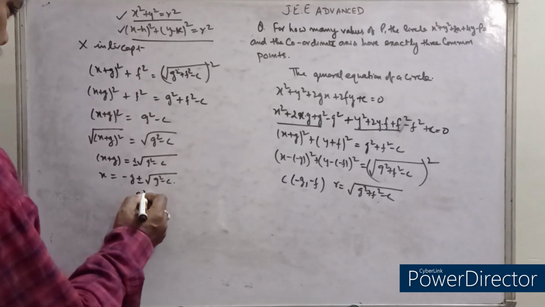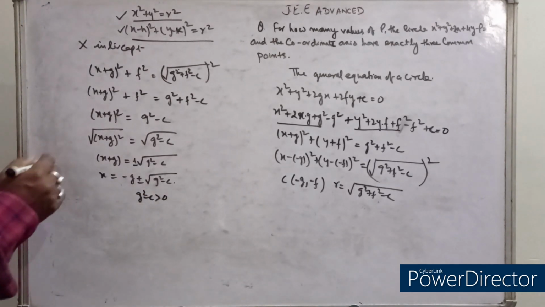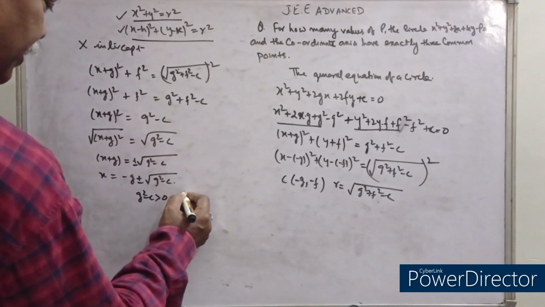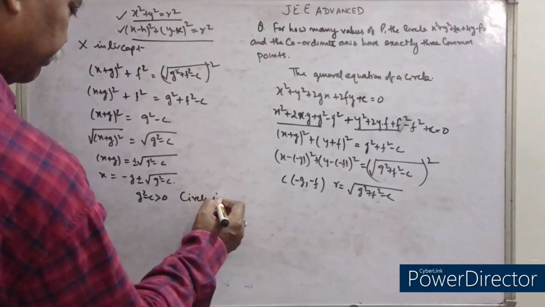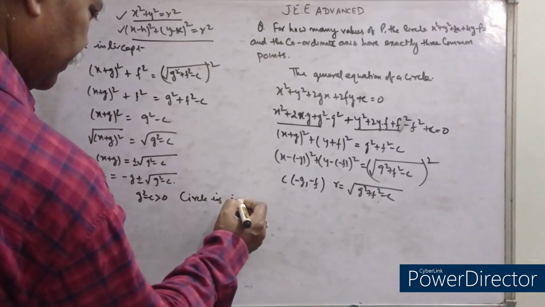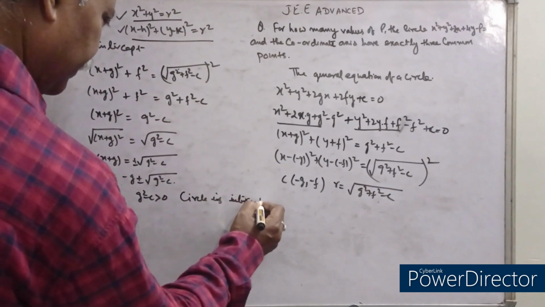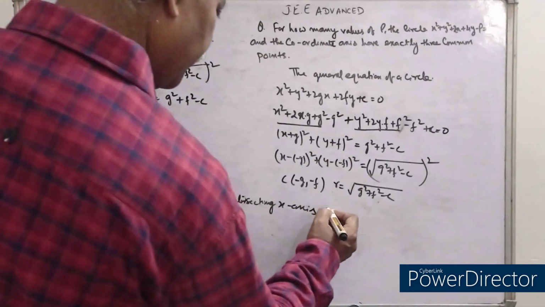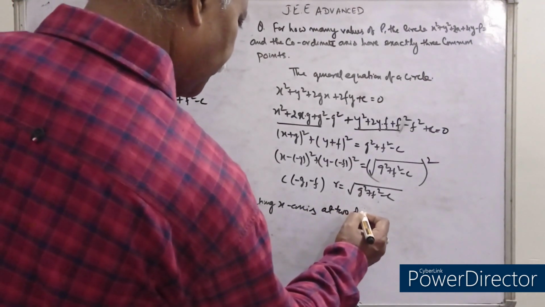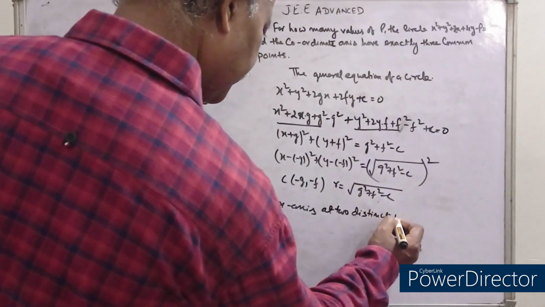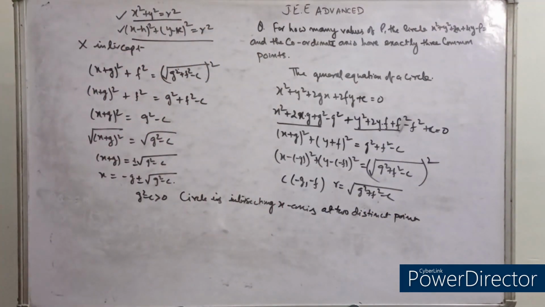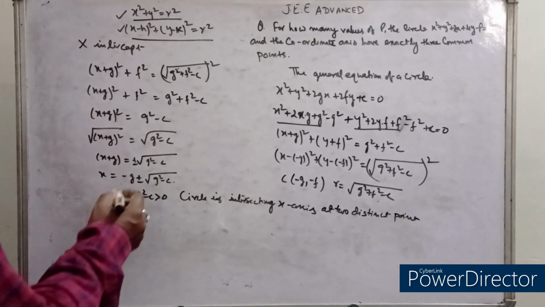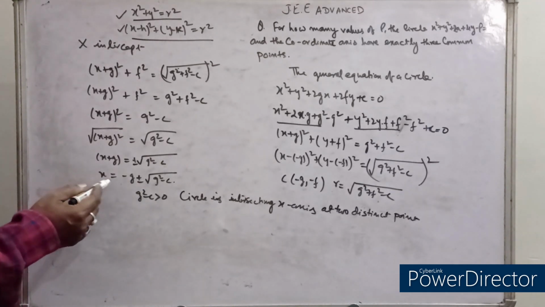If g square minus c is greater than 0, that means the circle is intersecting the x-axis at two distinct points. Because here, if this is greater than 0, you are getting two values of x.